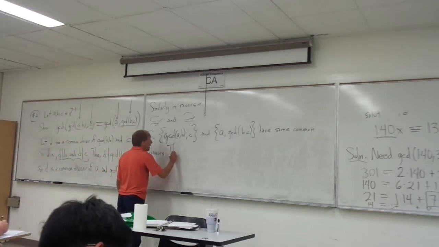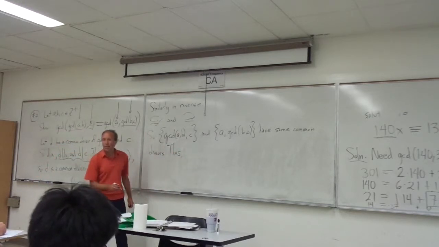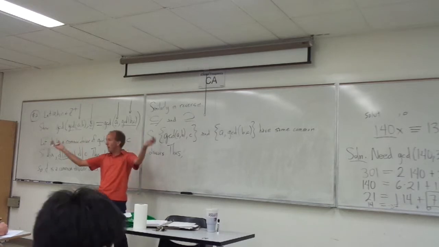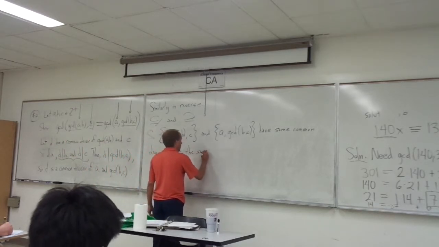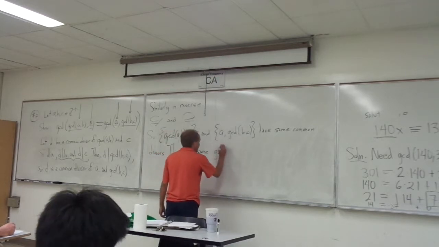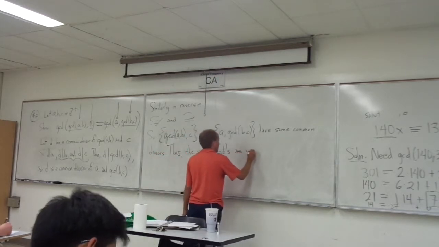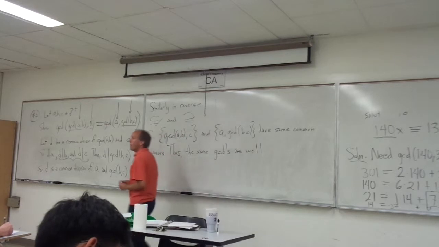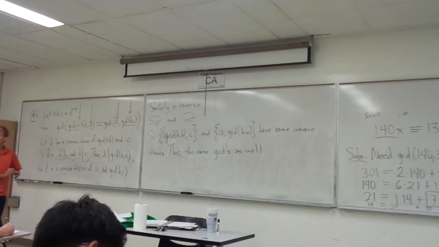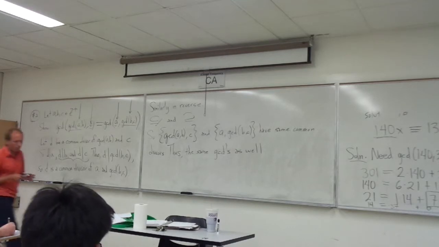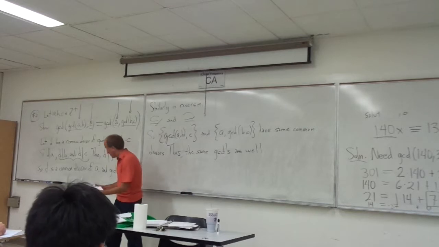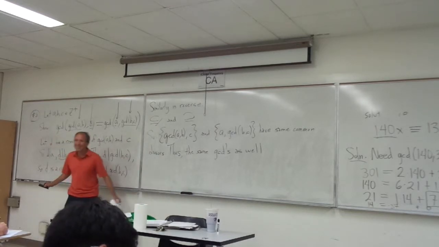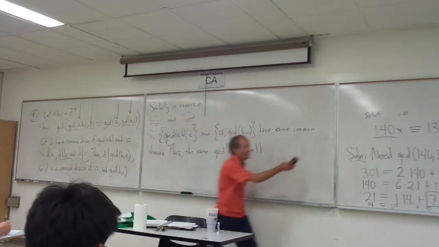Thus, they have the same greatest common divisor. Right? If you have all the same sets of divisors, then you have the same GCDs as well. Being a little brief there, but I would accept that actually. I would know that you know what's going on, and that's really the most important thing to me. Okay. So far, so good.